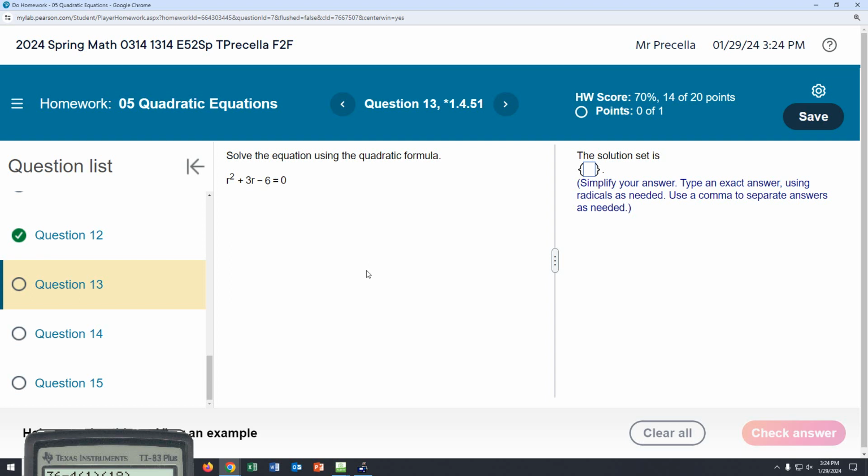Negative b plus minus the square root of b squared minus 4ac, all over 2 times a. And I'll just start plugging in here.